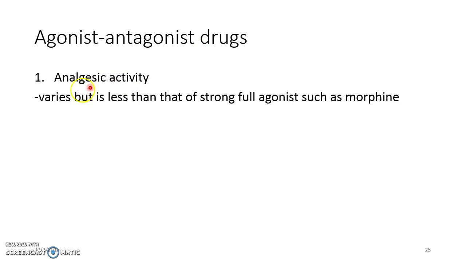When we talk about the analgesic activity, it varies, but definitely it's less than that of strong full agonists such as morphine. So they are not the first choice of drugs for treating pain.